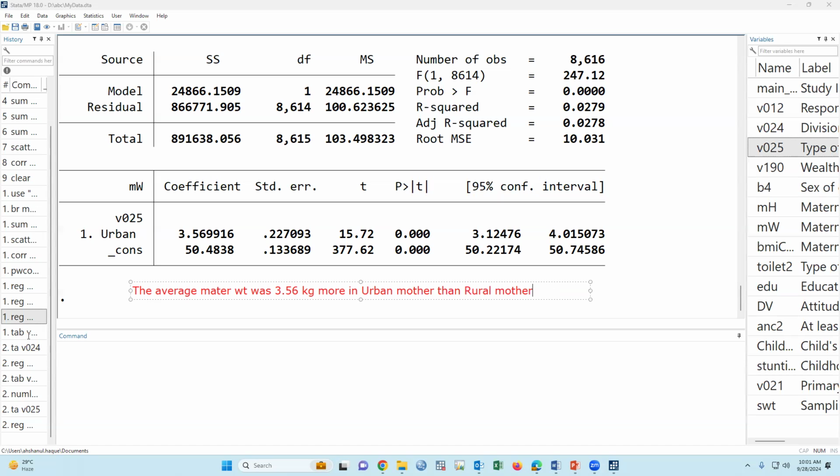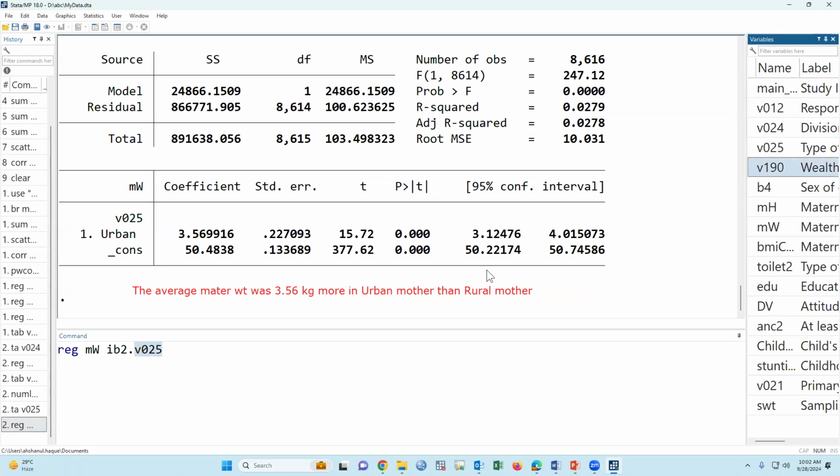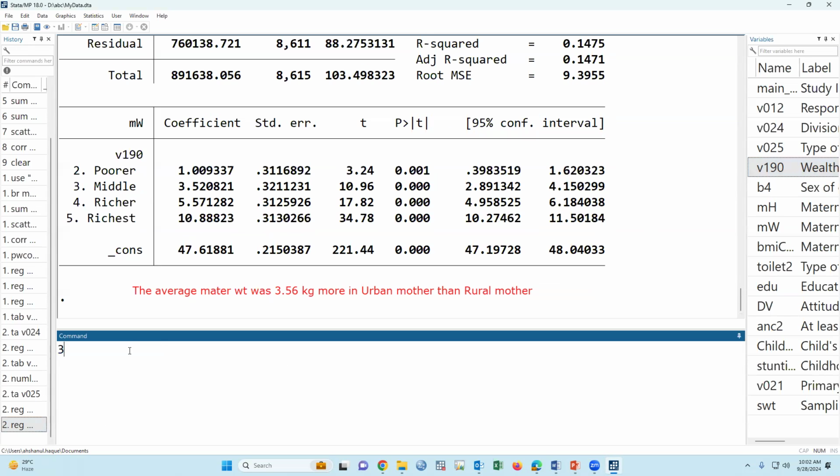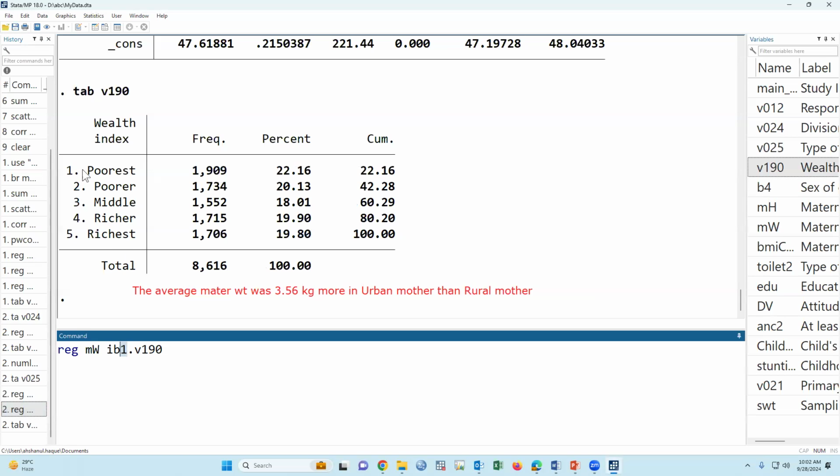If we use another variable, for example, wealth index, so the categories of wealth index are poorest, poorer, middle, richer, richest. Then 1 means this is the reference.